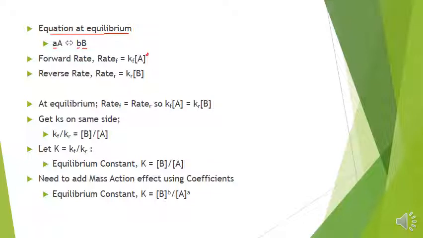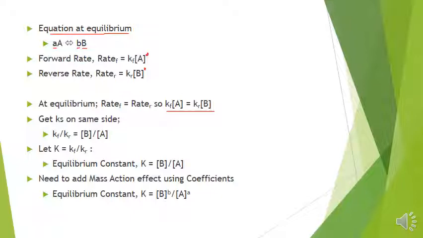And then the reverse rate is rate R equals KR times B. At equilibrium, we'll say the rate forward is equal to the rate reverse, and so we have this relationship. The rate law of both the forward and reverse reactions are equal.